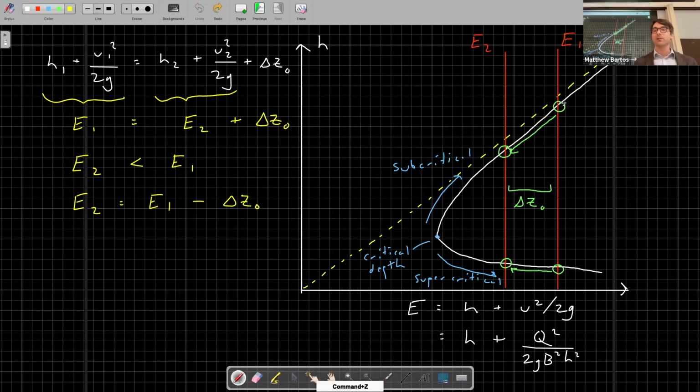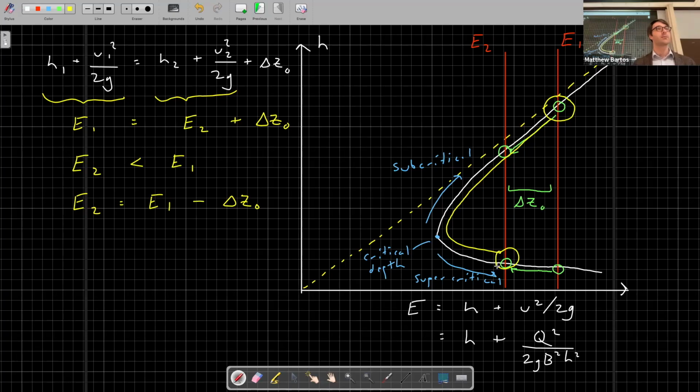Is it possible for the flow to transition from this point, go all the way around this curve here, and then end up at the supercritical solution? Let's just say for this problem, is it possible for the flow to end up at this supercritical solution at the bump?